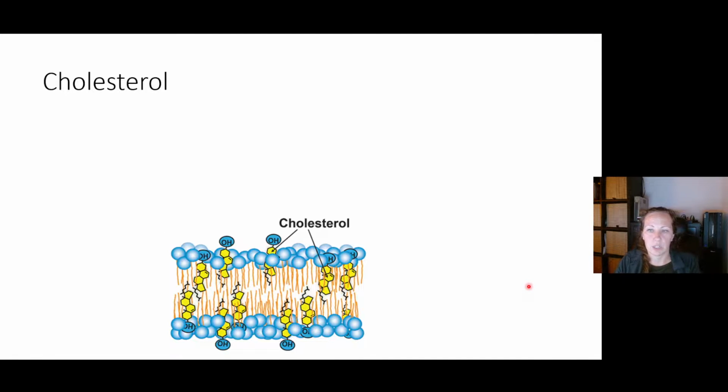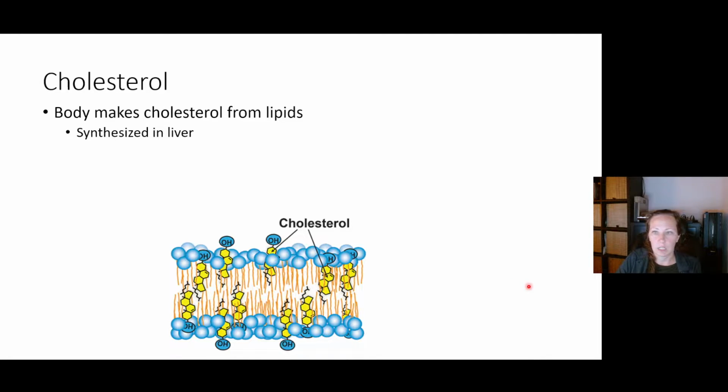Okay, now cholesterol. Our body makes cholesterol from lipids, and it is synthesized in the liver. Cholesterol is vital for producing our body's hormones. You hear about cholesterol as a bad thing, but it is absolutely 100% necessary for our bodies.